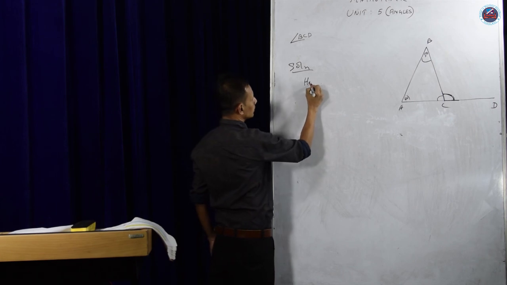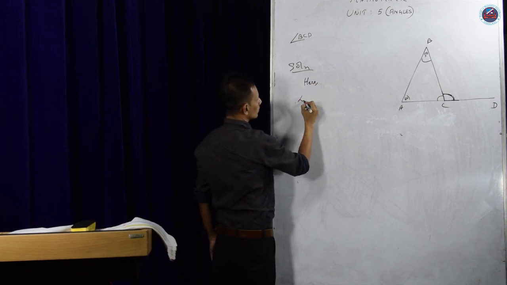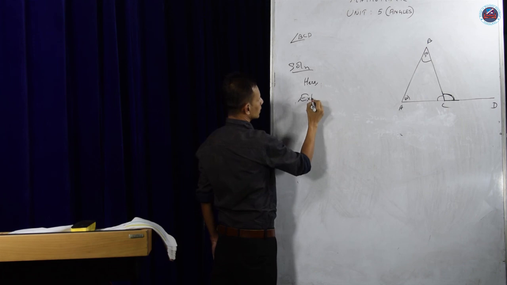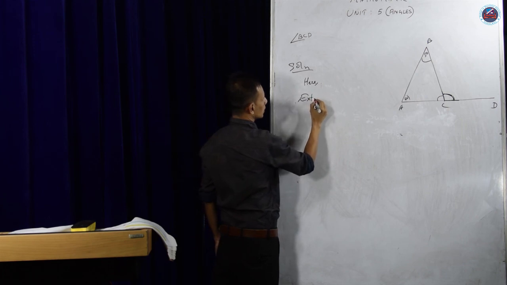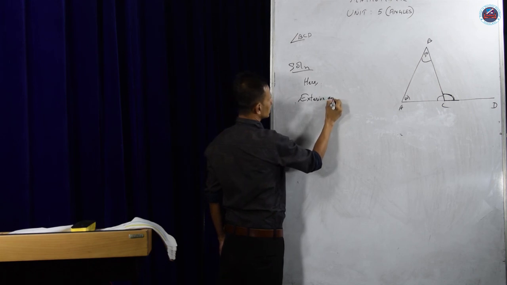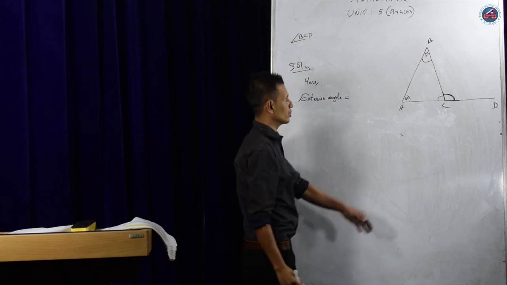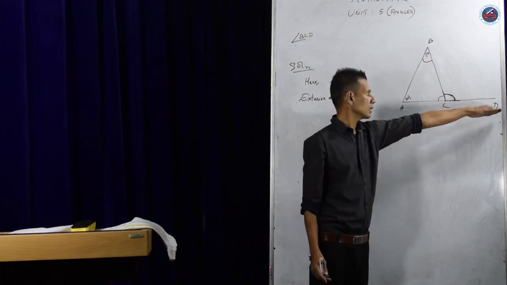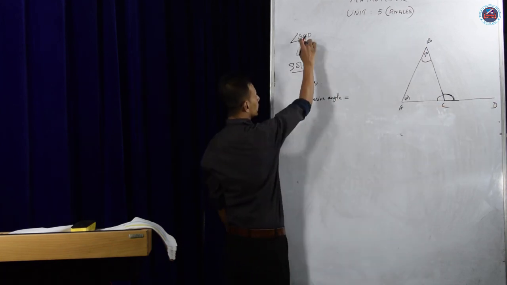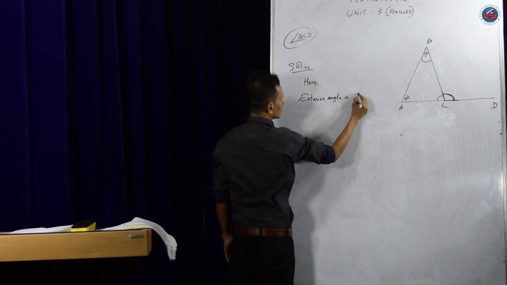Here, exterior angle is equal to, what is the name of exterior angle? BCD, which we are asked to find. Angle BCD.